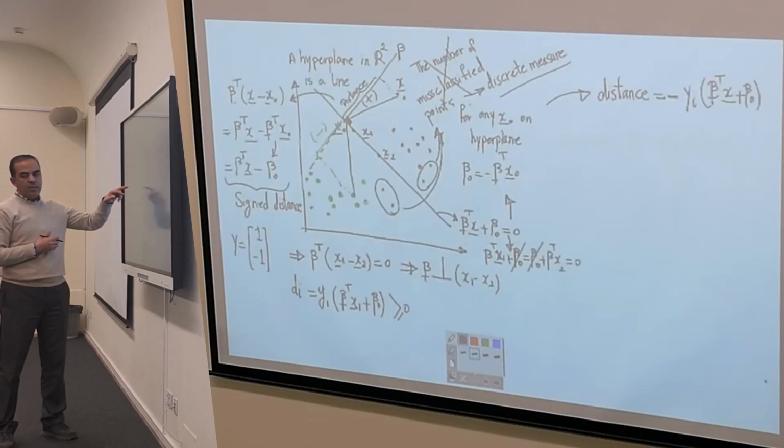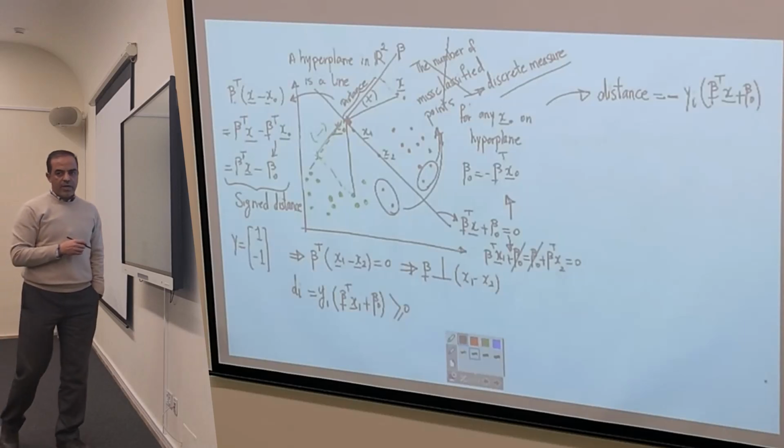But we already know that based on this hyperplane, these red points have the positive sign, but now they are on the other side of the hyperplane. So they are the errors, they are the misclassified points. And the sign is different.